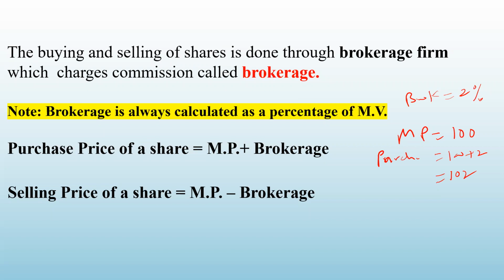Suppose you have sold one share and the market price is 100. You are paying 2% as brokerage, so in your hand you will not get the entire 100 rupees. From that 100 rupees, 2 rupees is going for the brokerage. So you will get 100 minus 2, that is 98. So to calculate the purchase price, brokerage is added to the market price. To calculate the selling price, brokerage is subtracted from the market price.